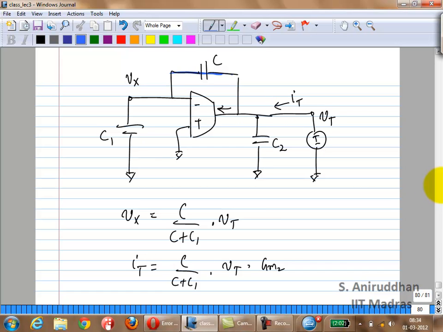So it will be a function of C. What happens if C is very small, C is 0? There is no feedback. Yeah, it will be infinite. So in other words, it will just be the output impedance, what we had, the rest of the conductance at that node. Correct? So that term also makes sense.